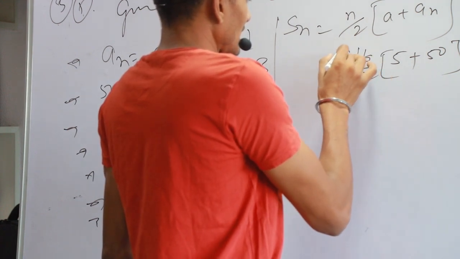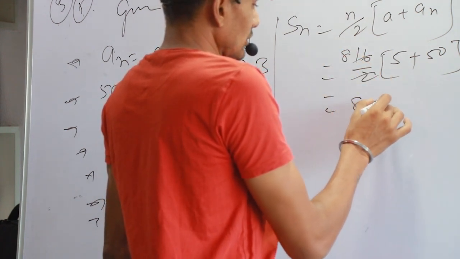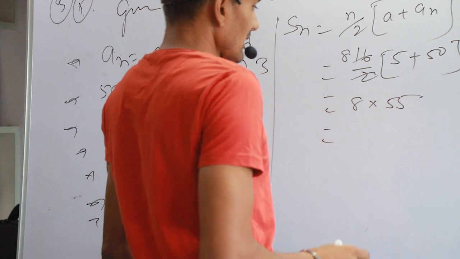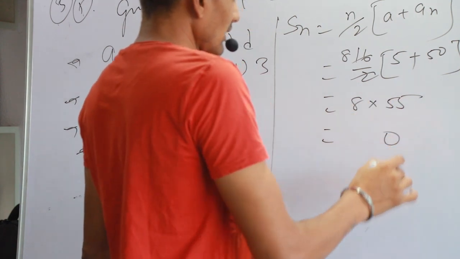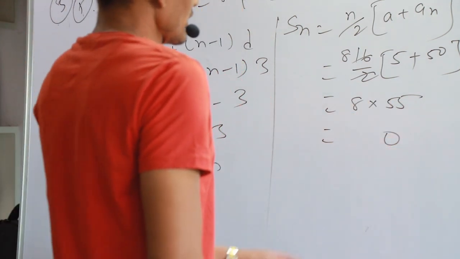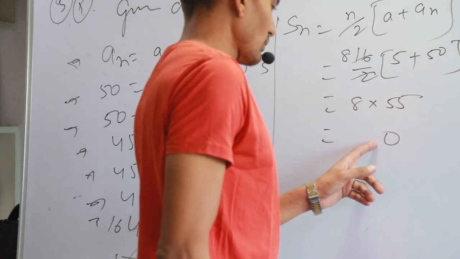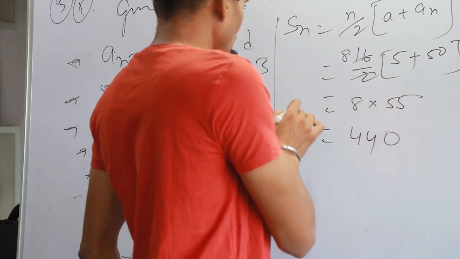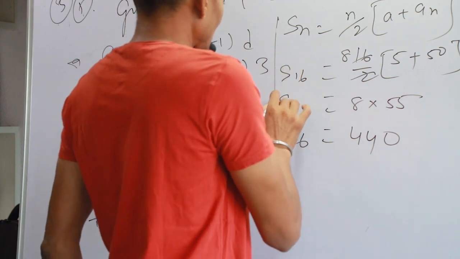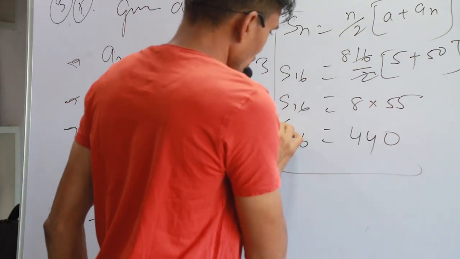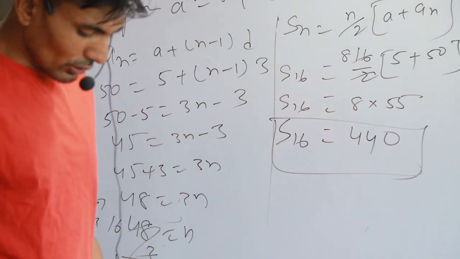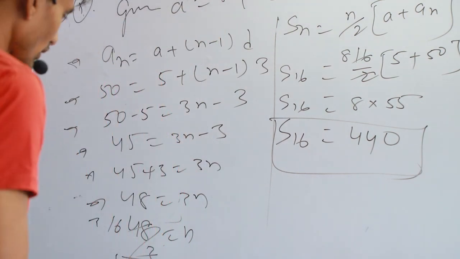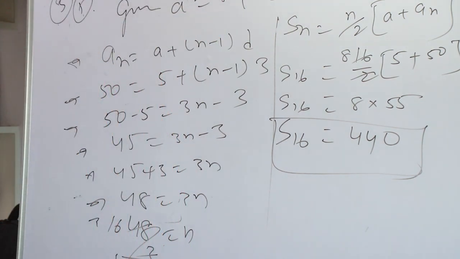So we have to write here 8 into 55. 8 fives are 40, 8 fives are 44, 40 plus 4. 440. That means S16 is equal to 440. Next one.